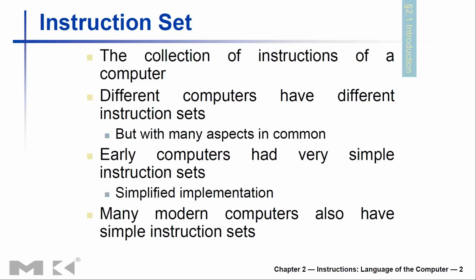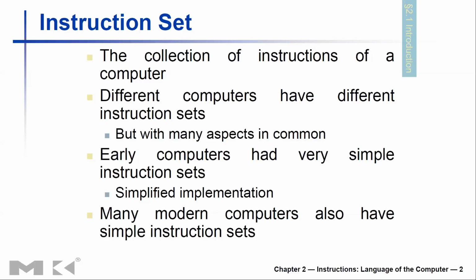If you consider early computers, they had very simple instruction sets. Instructions are going to be basic operations that you can perform with the processor, things like addition, subtraction, multiplication, and so on.